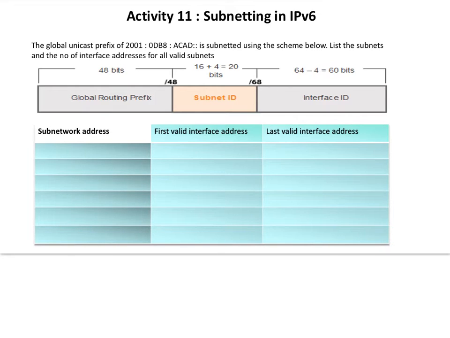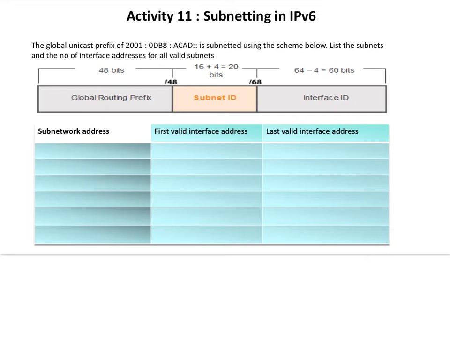The other simple thing that you need to pay attention to is that there's no broadcast address for each subnet. There's one special address for all node multicast, which we have talked about, in which case the number of valid interface addresses is based on the number of bits, and it's 2 to the power the number of interface ID bits minus 1, not minus 2.